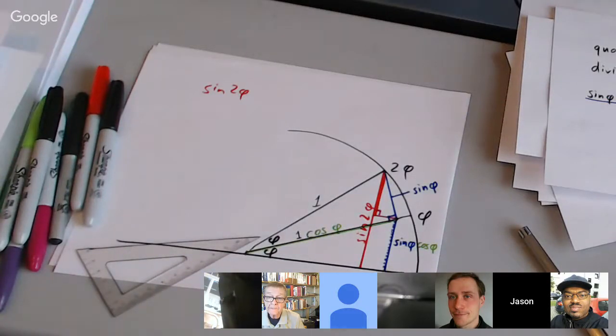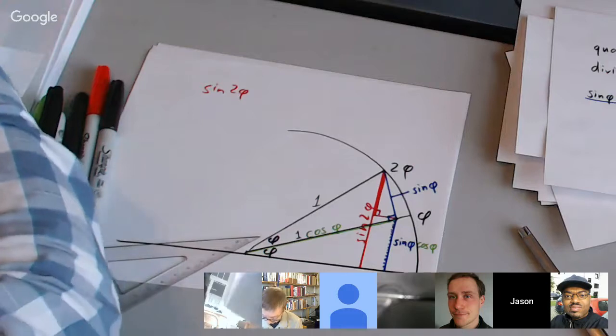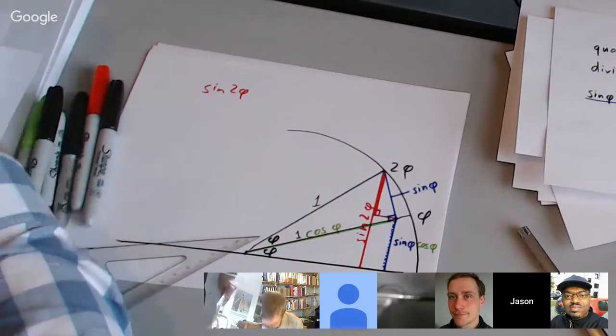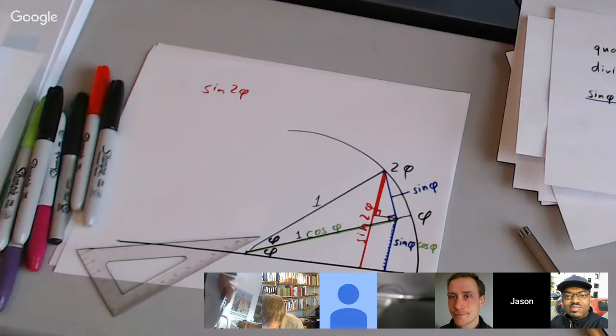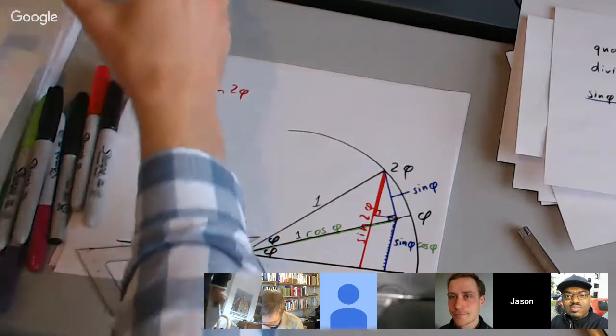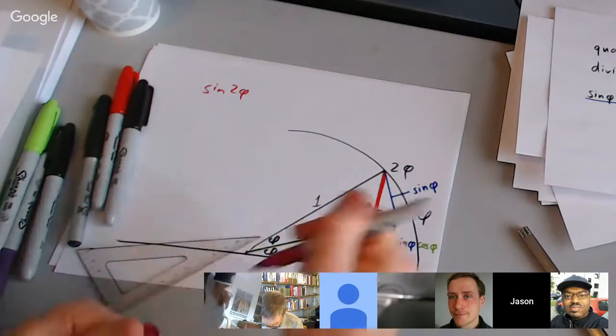I have an idea. I'm not 100% sure, but I will just say it. Because in the small triangle, we know that there must be phi in the higher up corner, the angle phi in the higher up corner.